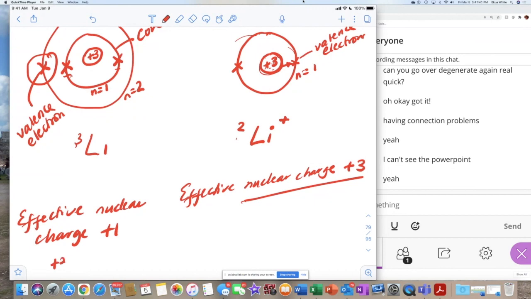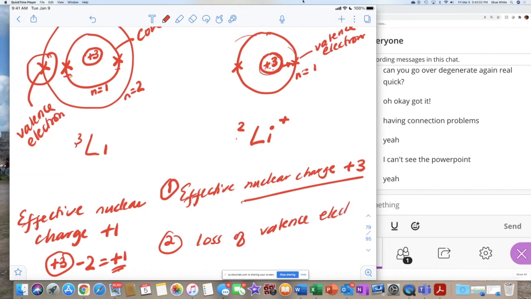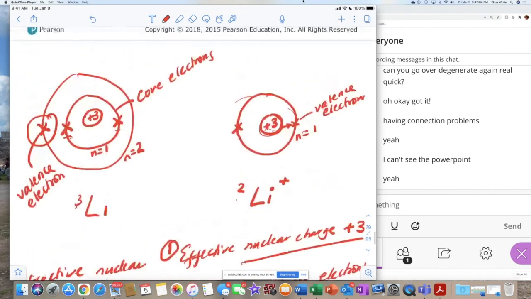So remember, the overall charge of the nucleus is plus 3. The inner electrons neutralize that a little bit, and then the outer electron experiences plus 1. So 2 reasons cause the size of the ion to be smaller. One, effective nuclear charge increases. Second, you can say loss of valence electron.